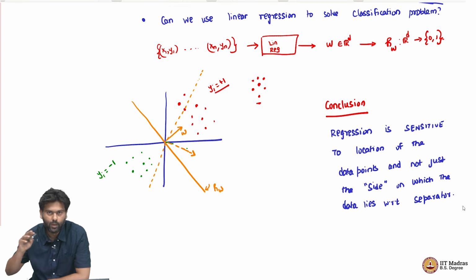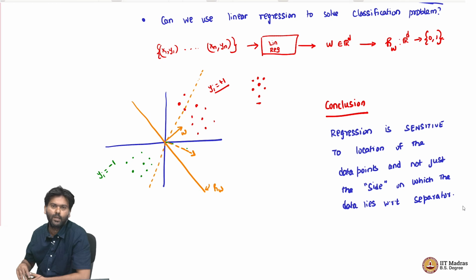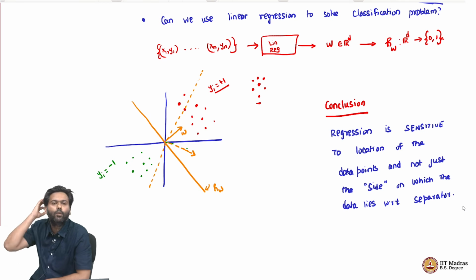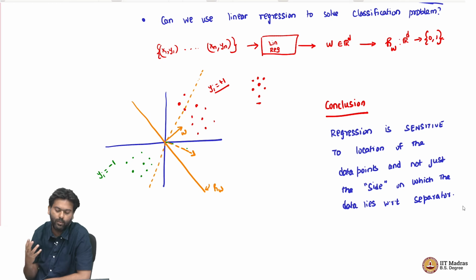By side I mean that the sign of W transpose X is what should matter, whereas it is actually looking at the value of W transpose X. So, that is the problem with regression.